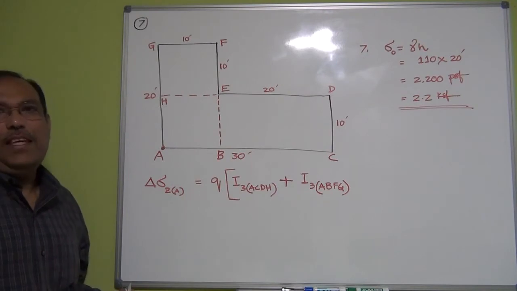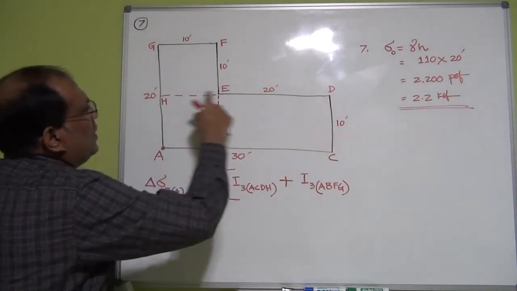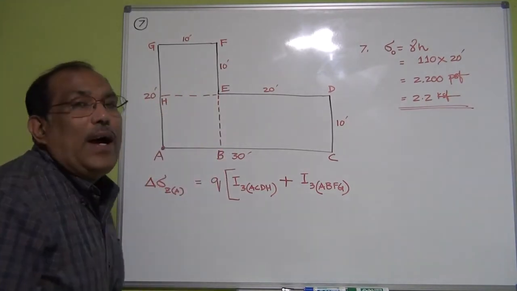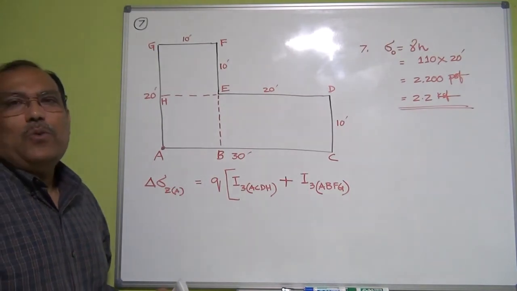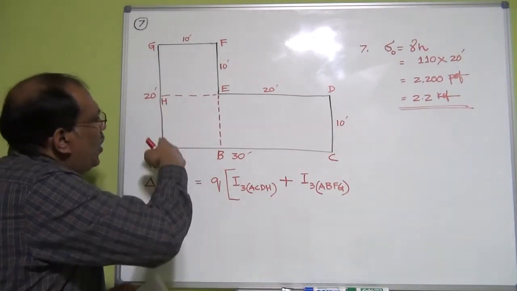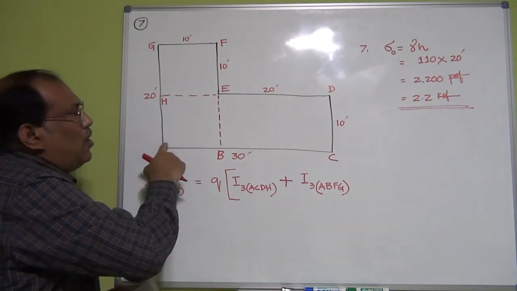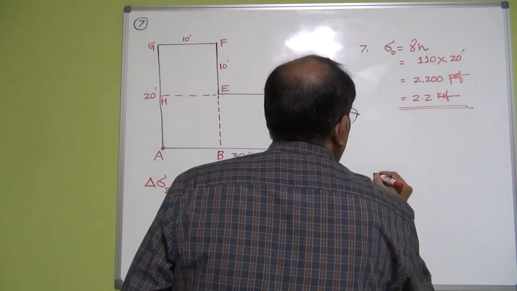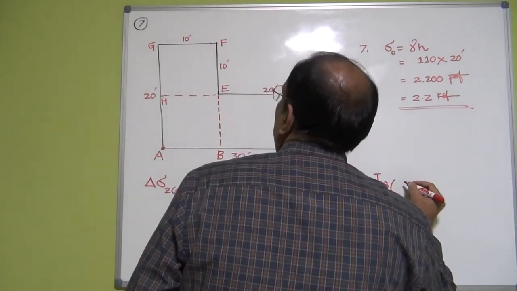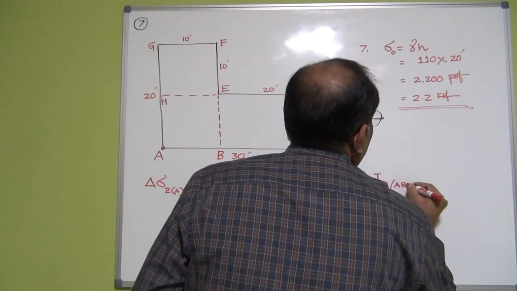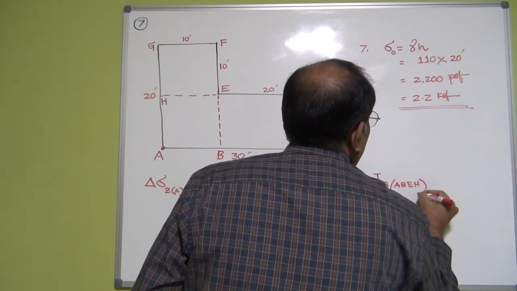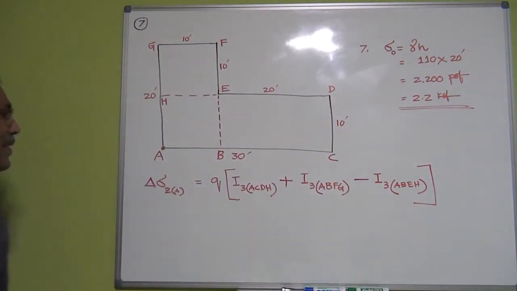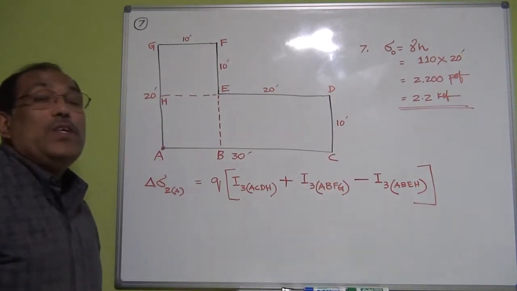But when I take this one plus this one, this area is counted twice. So I have to take out the impact of one of them, because A is the corner of this rectangle too. So I subtract I3 of ABEH. That's the formula I'm going to use here.